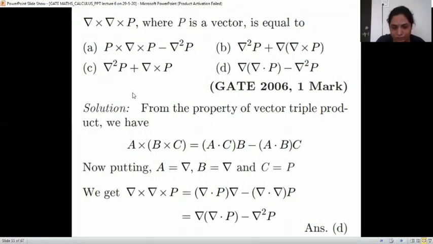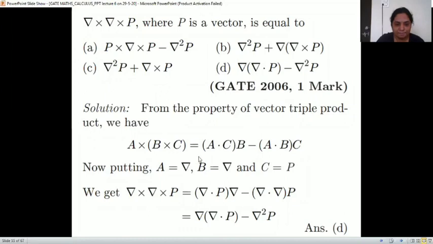Or A cross B cross C is A dot C times B minus A dot B times C. That is 1, 3, 2 minus 1, 2, 3.